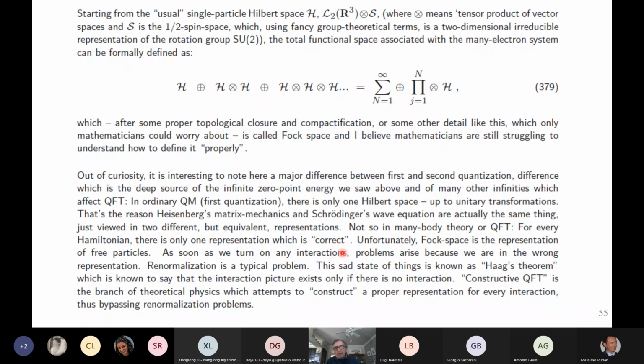So I'm not going to spend any more time on this, but it's the ultimate cause of the infinities that we see whenever we deal with quantum field theory and also elementary excitations in solids. It's the same thing, because we have many bodies, which means that we're dealing with a space which can deal with a number of particles which is as large as we wish.